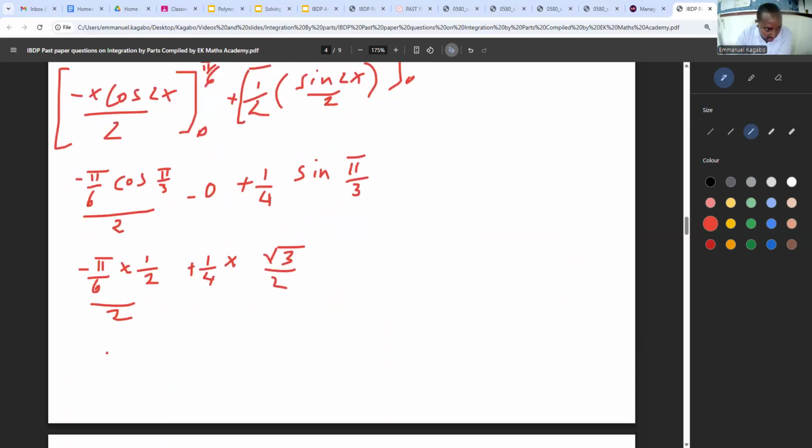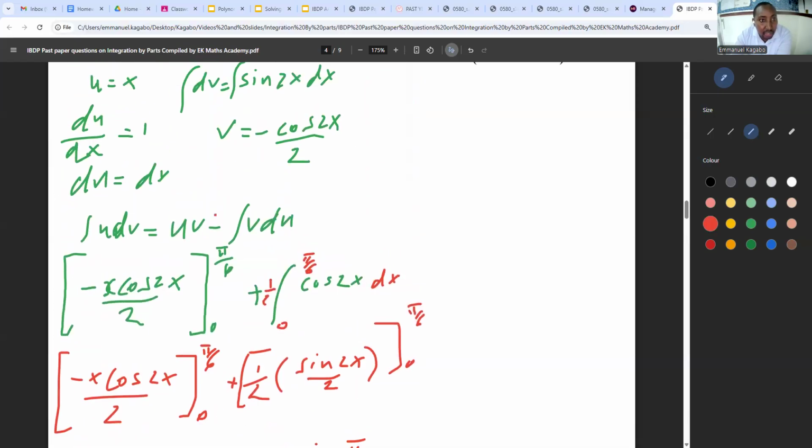What do we have here? This is the negative pi over, this is 12, this is times 2, so it will be 24 here. Then plus square root of 3 over what, guys? Over 8. Okay.